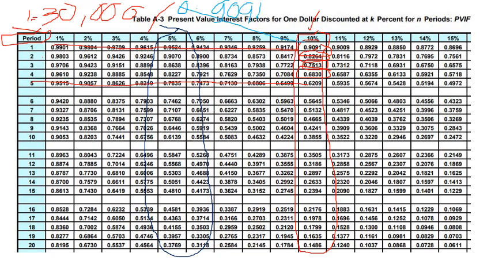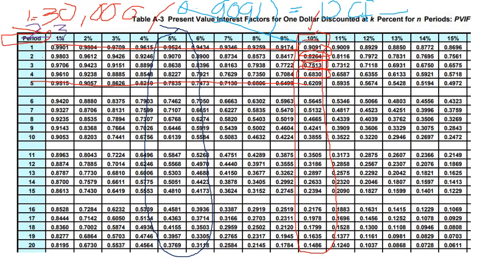So the product that you are going to get is the discounted cash flow for the first year. Now, if you want to compute your discounted cash flow for the second year, what factor are you going to use?